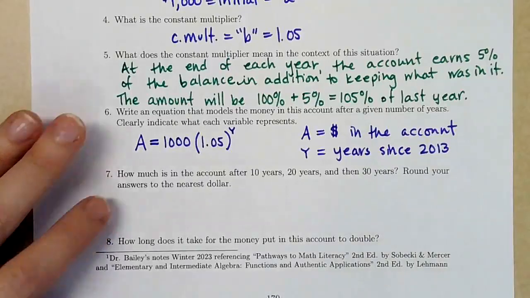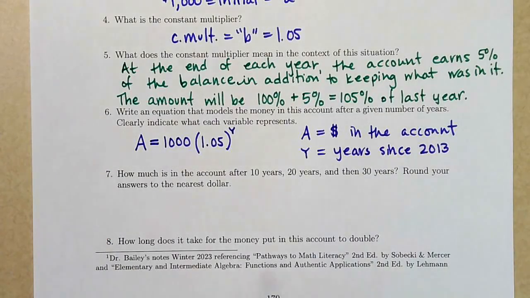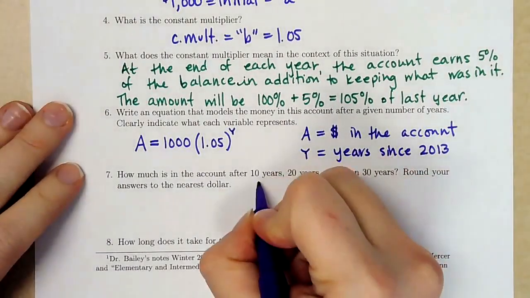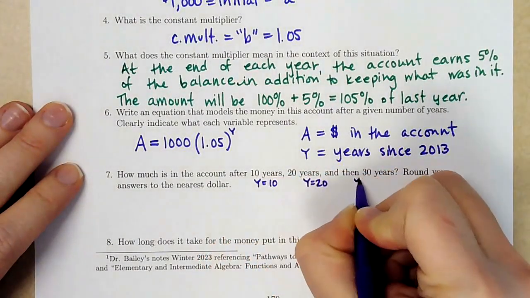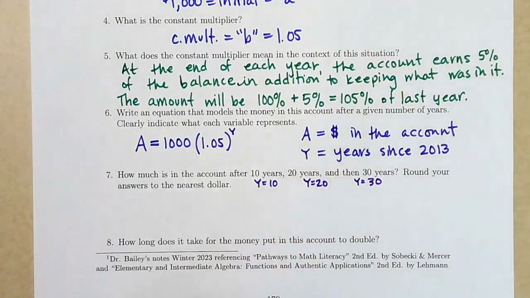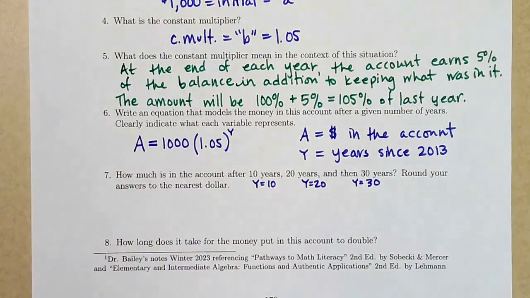Got it. How much is in the account after 10 years? Okay, I see that we're doing Y equals 10, Y equals 20, Y equals 30. Round your answers to the nearest dollar. So it looks like I'm using this over and over again.